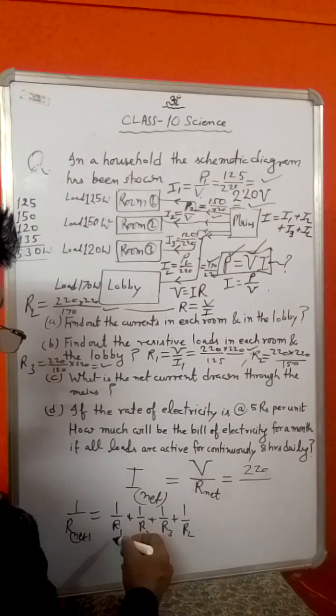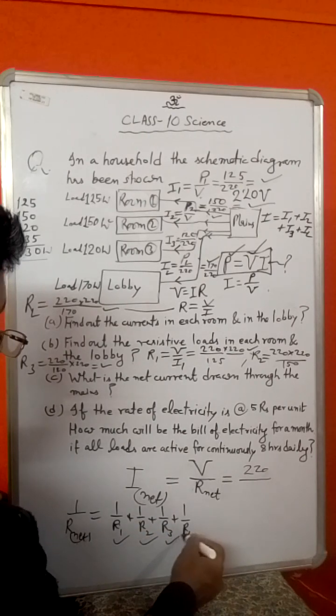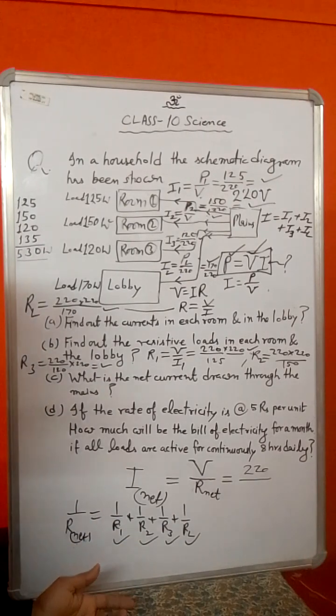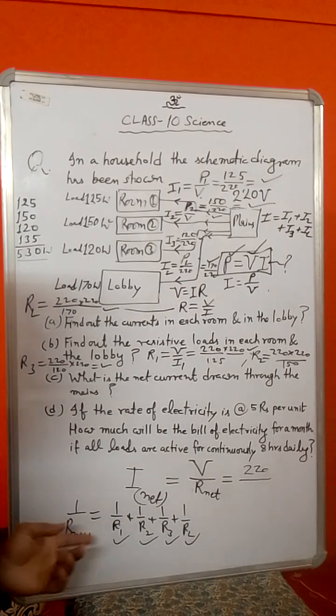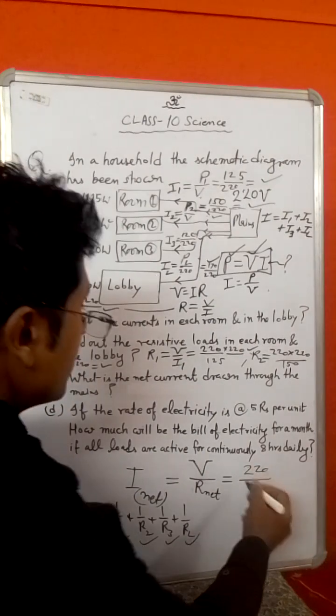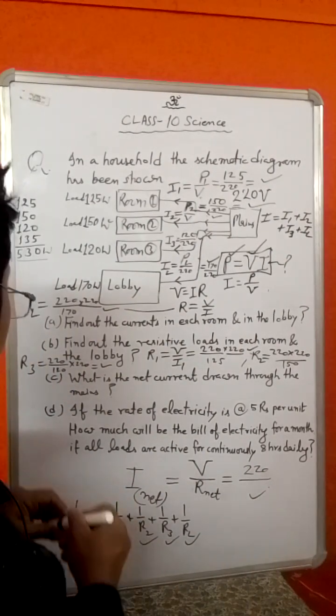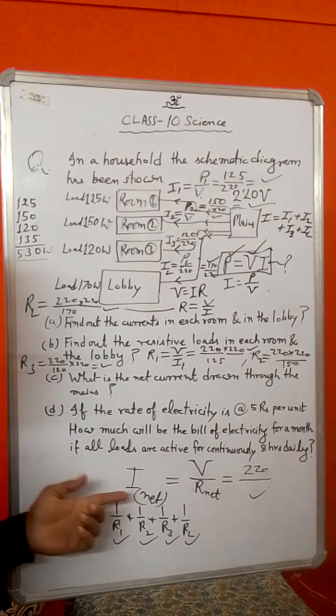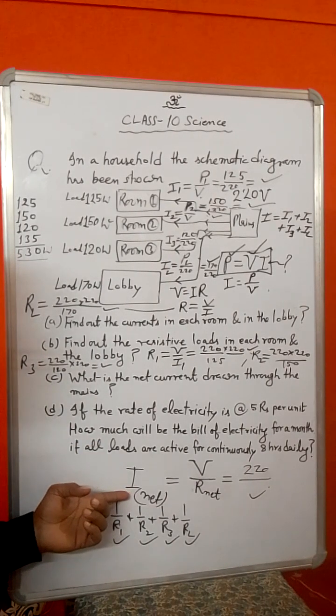And as we have found the values of these four resistors, we can find out the R net from this formula, and just by replacing this you can get the value of net current withdrawn. Right?